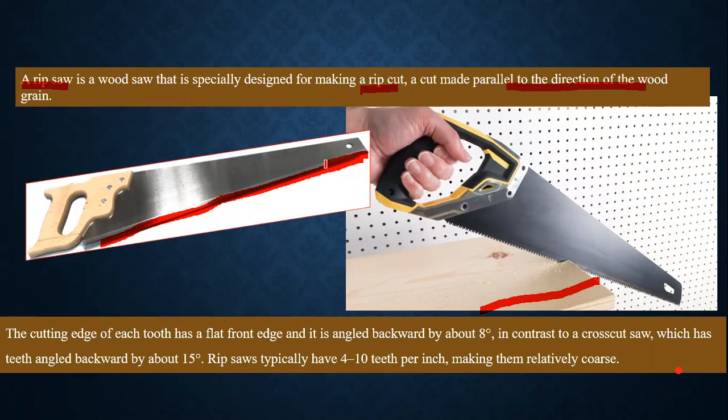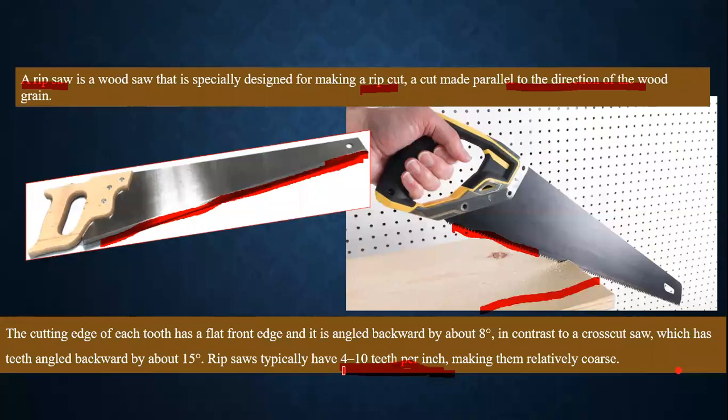I don't know if you got that right. See these small projections here. These small projections, that's what we call the teeth. And for every 1 inch that you measure, you can count between 4 to 10 teeth there. That is for the rip saw, because the rip saw comes in different sizes. So the bigger the rip saw, the higher the number of teeth per inch.